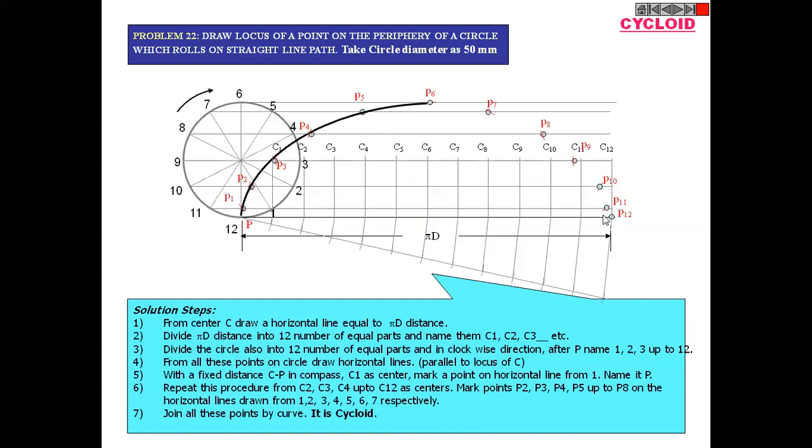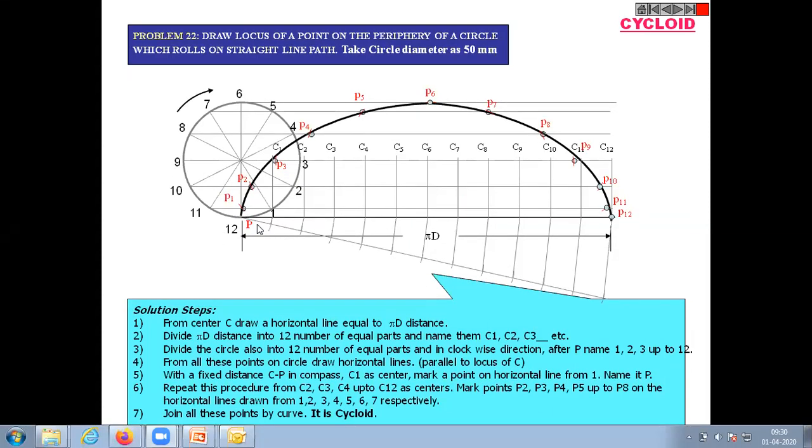So we get the locus, or the tracing, of point P when the point P is on the circumference of the circle.